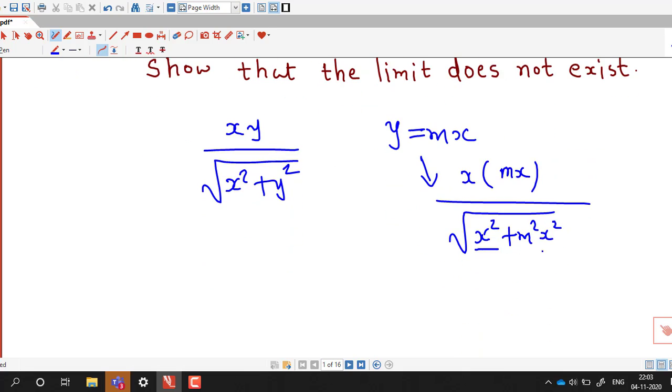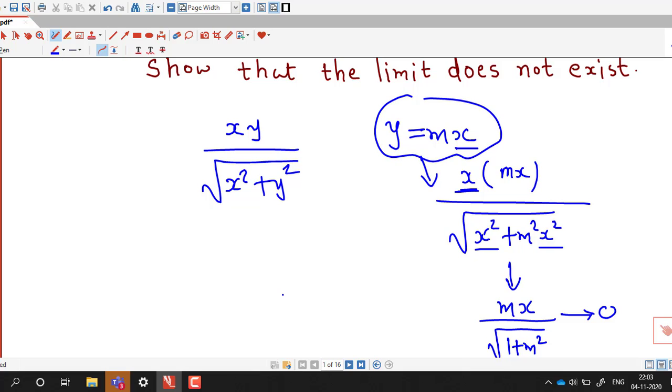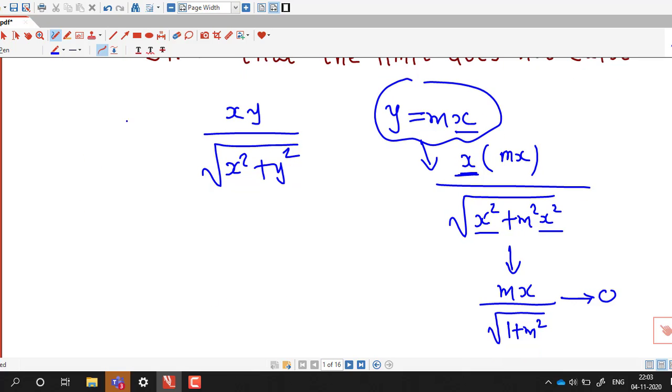Here x square will be common, and if we take square root of x square it will be x, and that will cancel out with this x. So this will be reduced to m into x over square root of 1 plus m square, and as (x,y) tends to (0,0), x is tending to 0. So if we take limit as x tends to 0, limit will be 0 along all possible lines passing through origin.